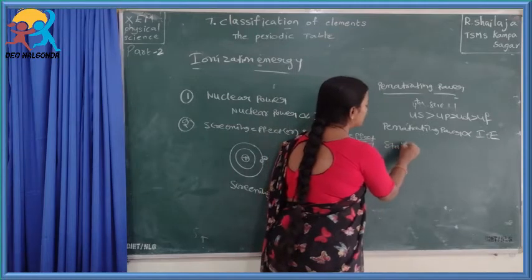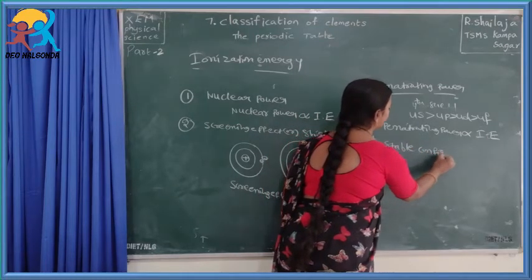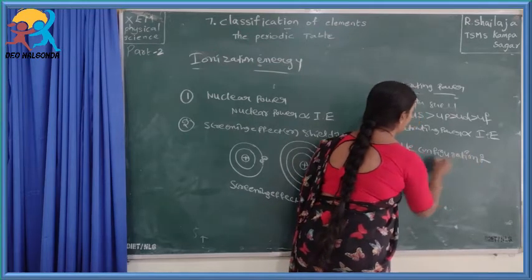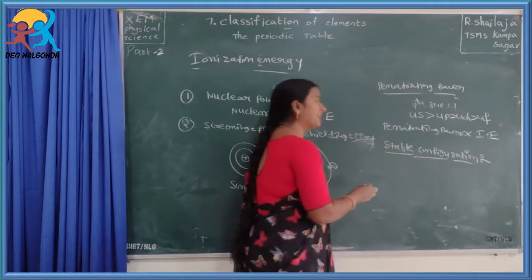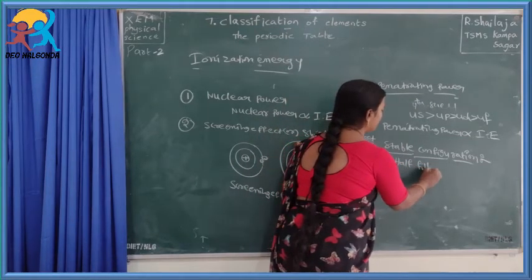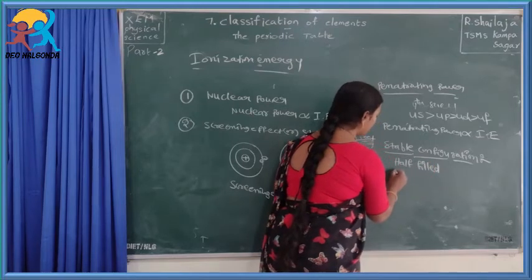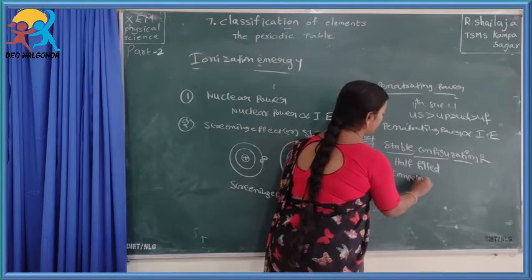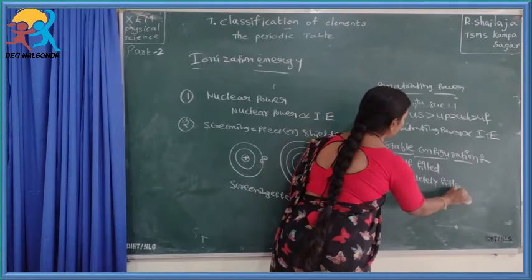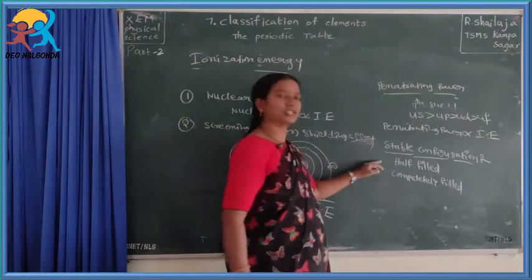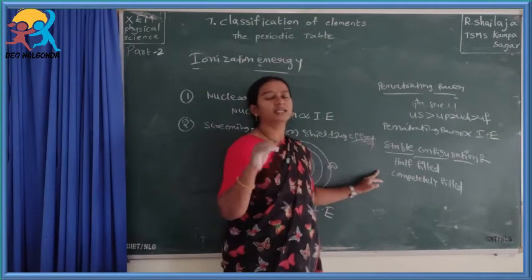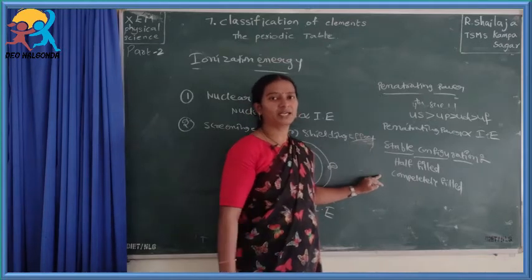Okay, next, stable configuration. Stable configurations are half-filled configuration and completely filled configuration, where the electrons are half-filled or completely filled in the degenerate orbitals.